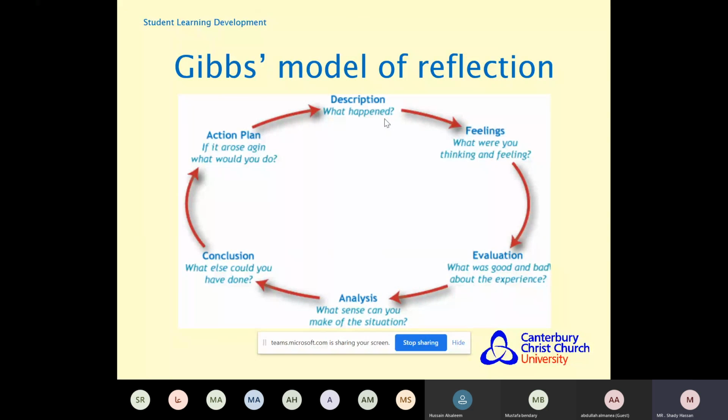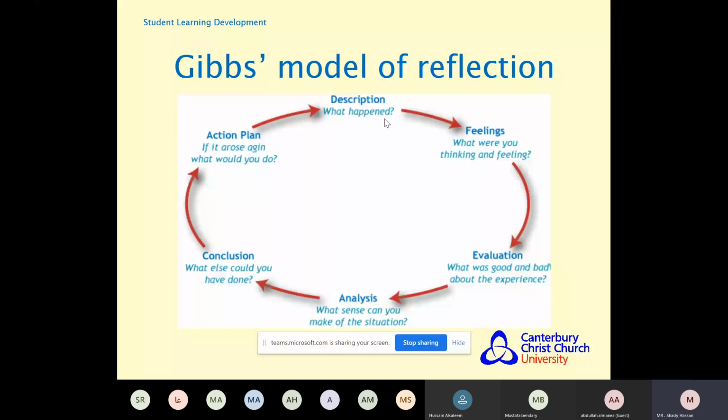Look at this diagram. What you are going to do in here. Description, you're going to describe what happened. Feelings, you're going to express what you were thinking and feeling. Evaluation, what was good and bad about the experience.